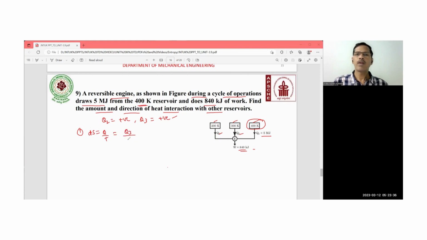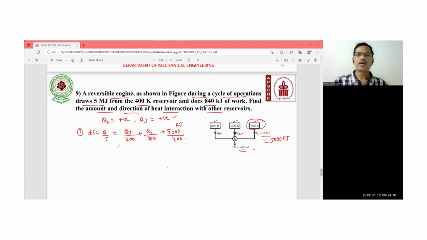Q3 divided by 200 Kelvin plus Q2 divided by 300 Kelvin plus 5000 kilojoules divided by 400 is equal to 0. All these are in kilojoules.